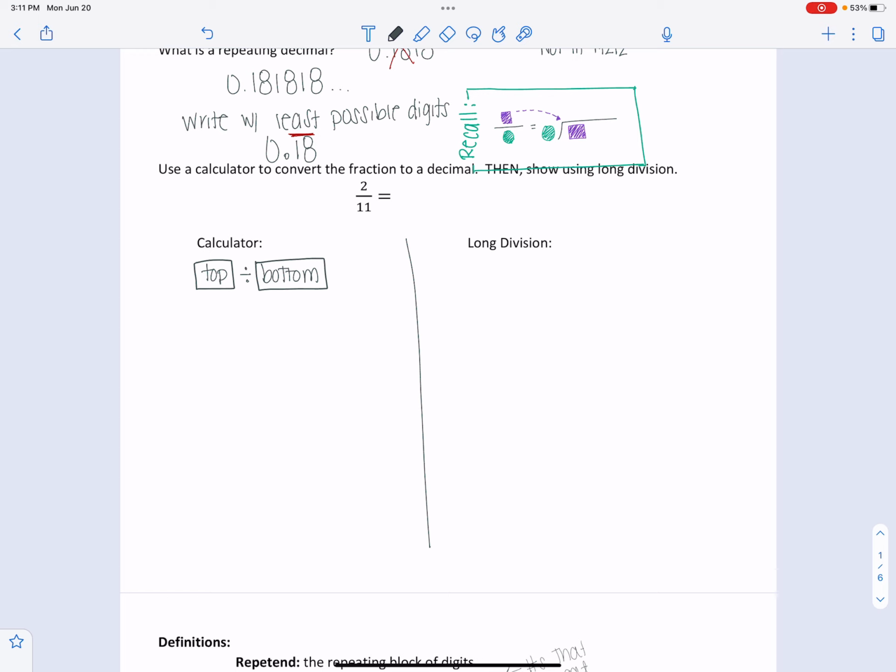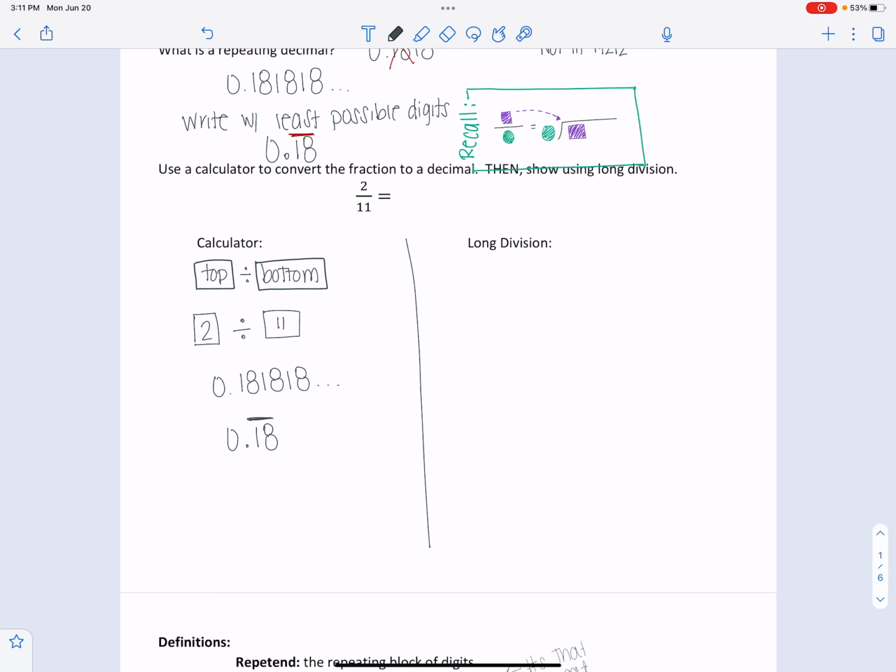So you'll type in the calculator, in this case, 2 divided by 11, because the fraction bar really just means division. When we type that thing in, our calculator is going to give us this, and so on and so forth. Now, we want to write that as 0.18 with the bar.